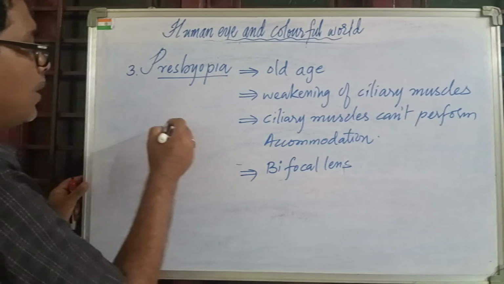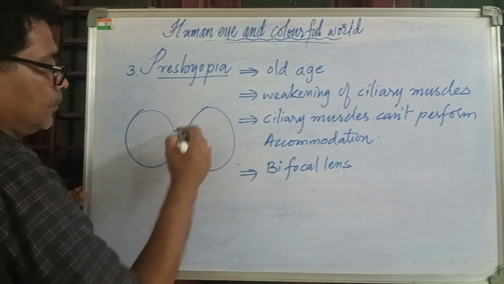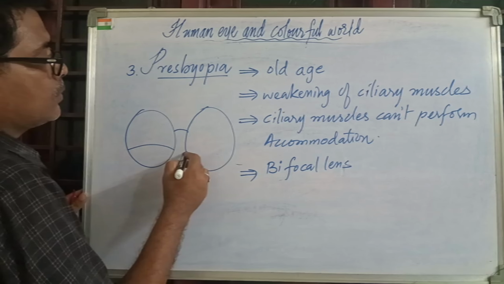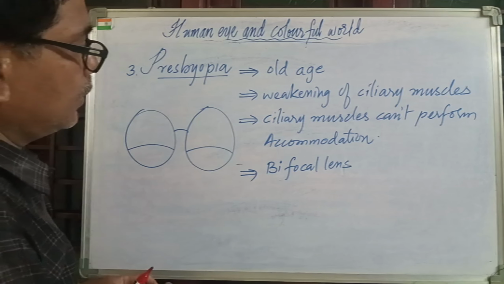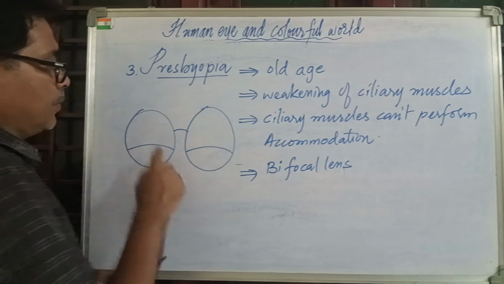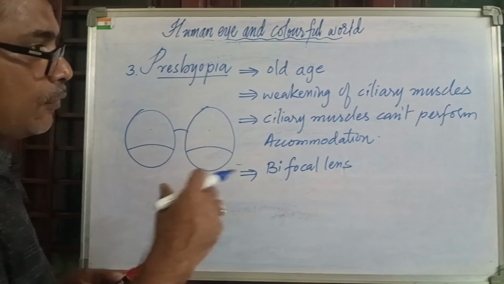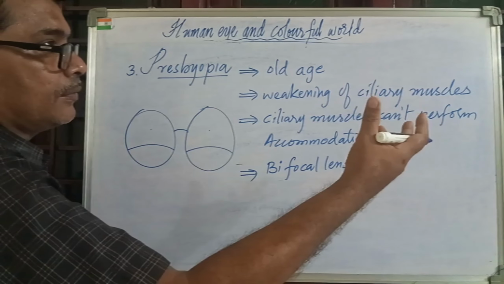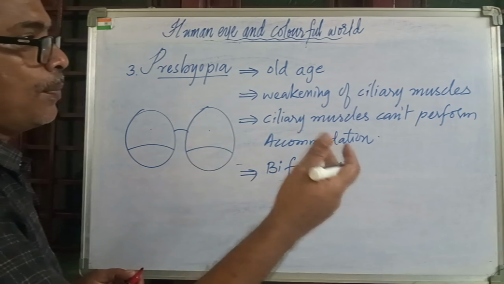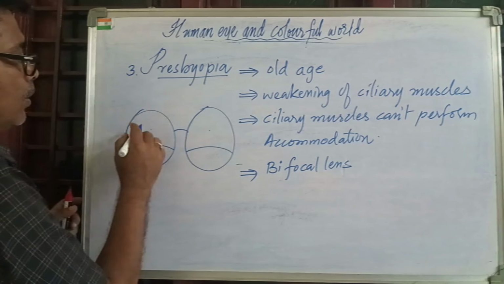Now, you should understand the bifocal lens. It's like this. Which lens will you find where? When we see a far object, we generally see it from this point. If you cannot see an object which is far, we call it myopia. So for myopia, what lens did we give on the top? Concave.